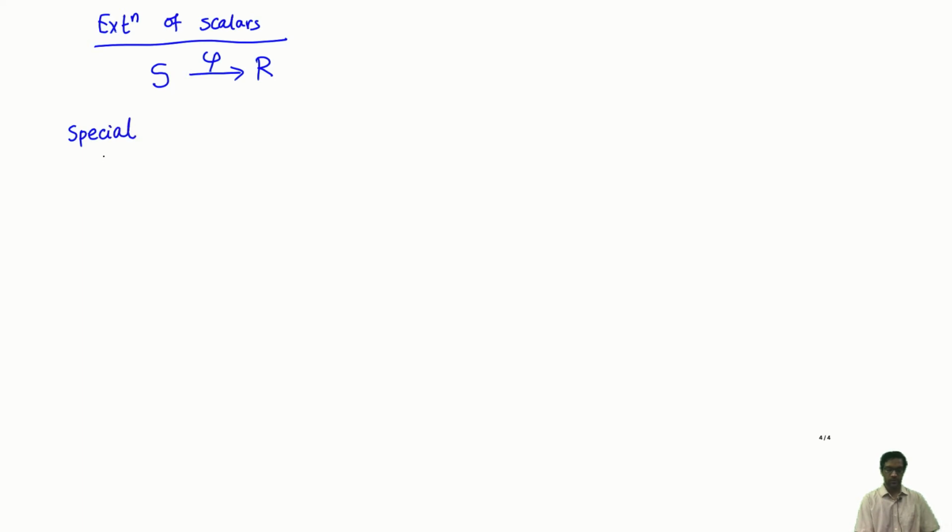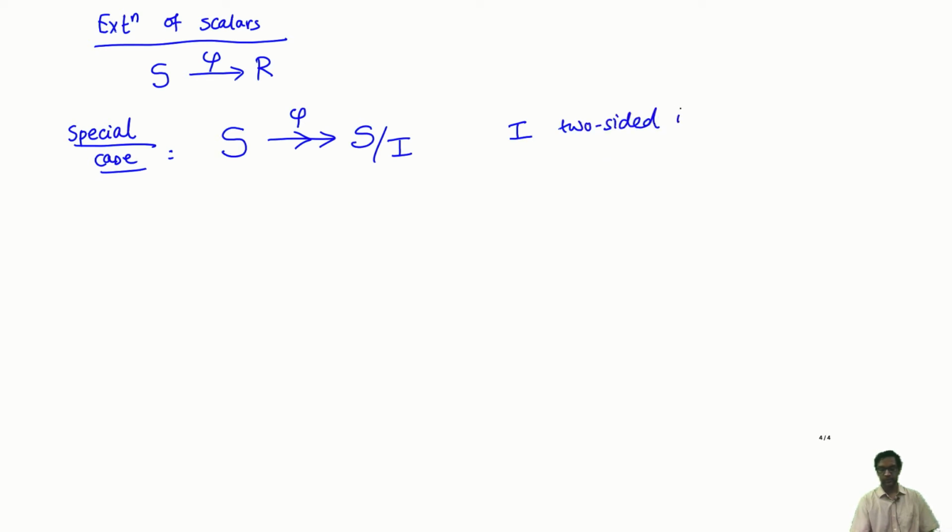So here's one special case of extension of scalars. Suppose S is a ring and I take R to be the ring S modulo I, a quotient of S, where I is some two-sided ideal of S. So the question is, if I give you an S-module, can I make it into an S/I-module?